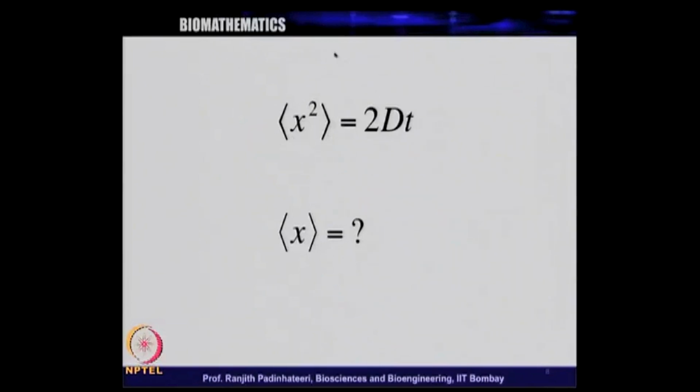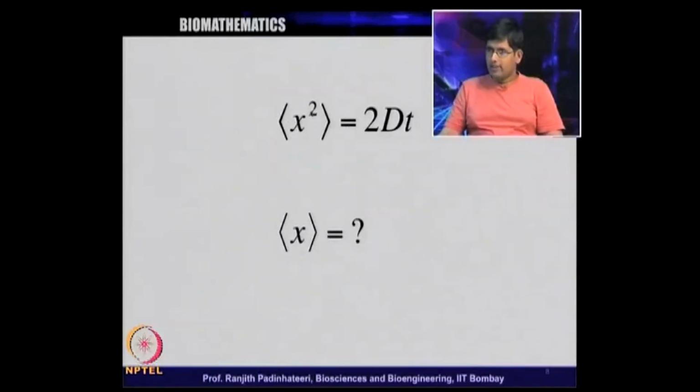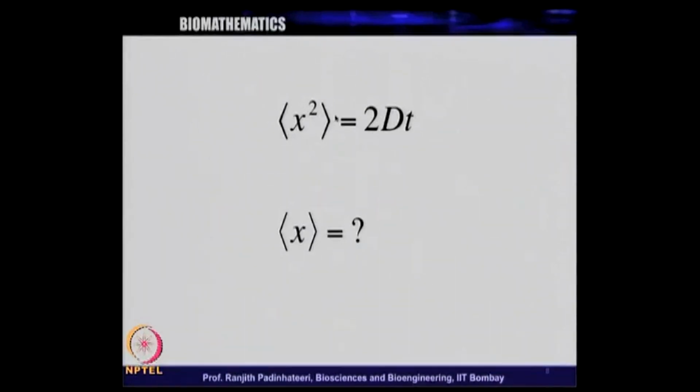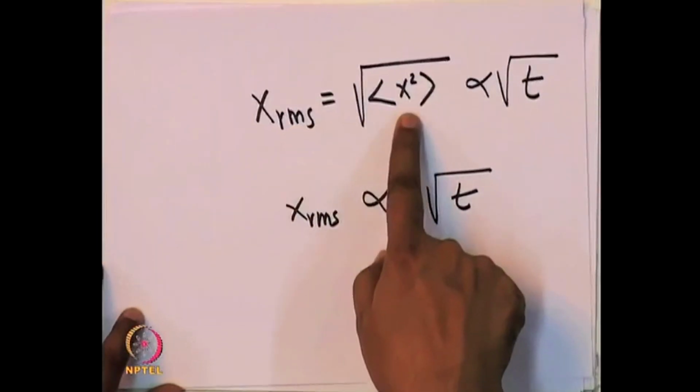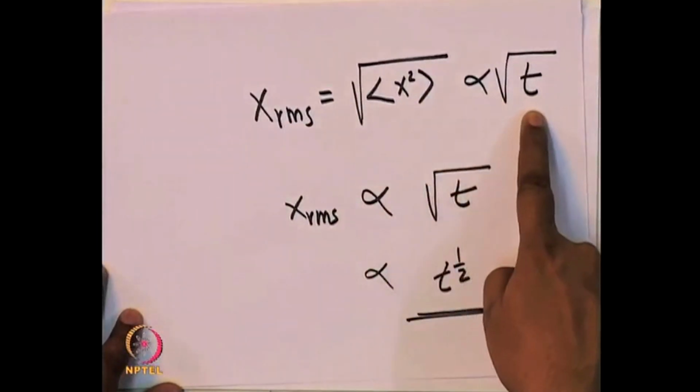As we said, this is an important relation which tells how the RMS distance, the root of this, which is x RMS, is related to time. If you take the square root on both sides, x RMS is the root of x square average, and this is proportional to the square root of time.